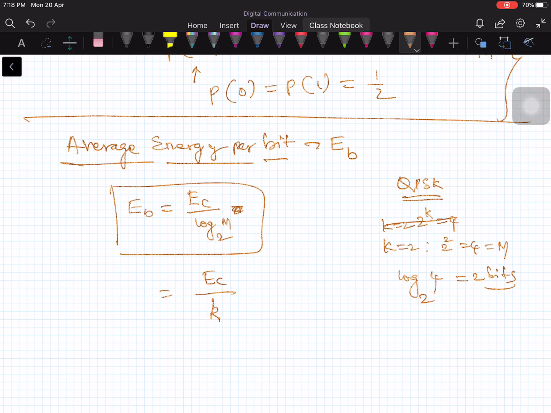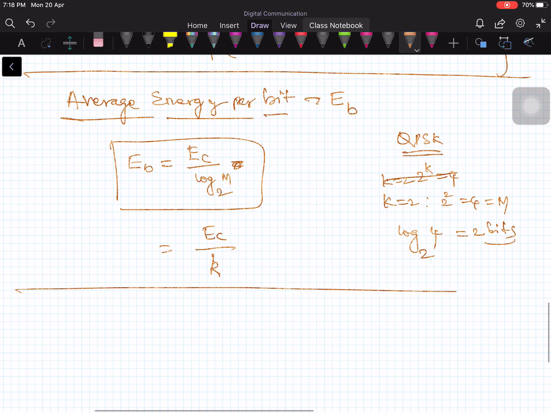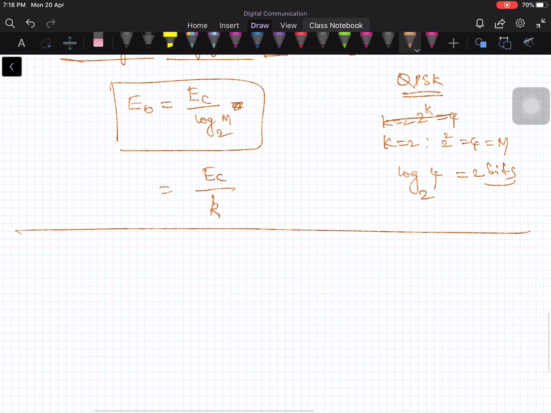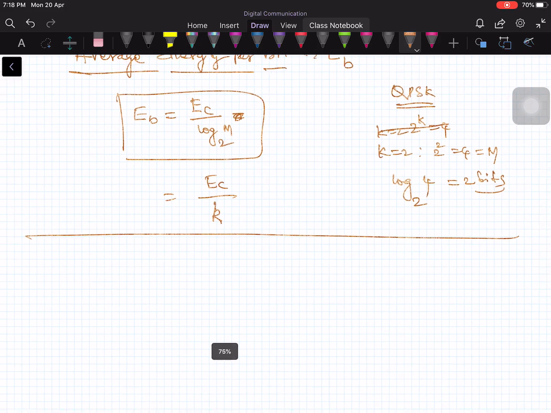So the next parameter which is of interest is minimum distance, and this is a very important parameter of a given constellation. The very name itself will tell you what it means. So it denotes the smallest distance between any 2 points on the constellation.